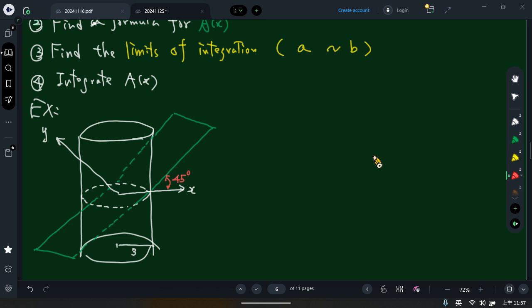So you can just imagine that. This is the can, right? Then I try to use the slanted plane to cut it.